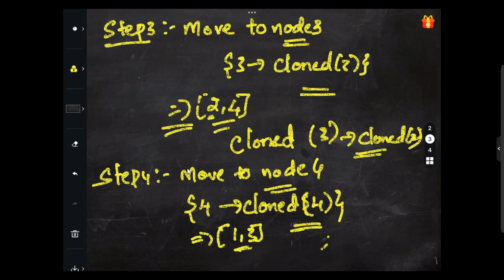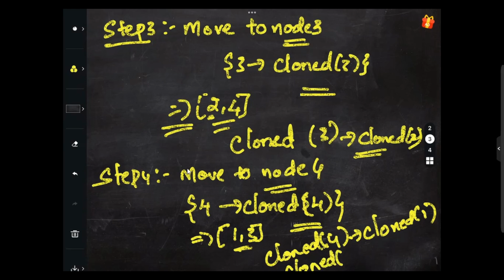We will connect cloned of 4 to cloned of 1, and also cloned of 4 to cloned of 3. So these two steps we need to keep in mind. Sorry, did I miss something here?